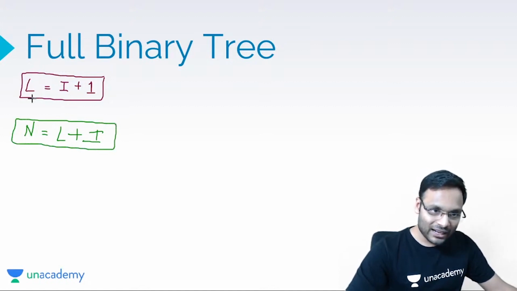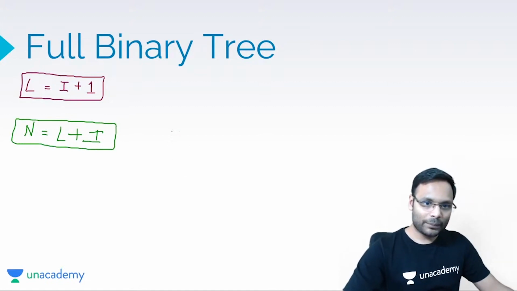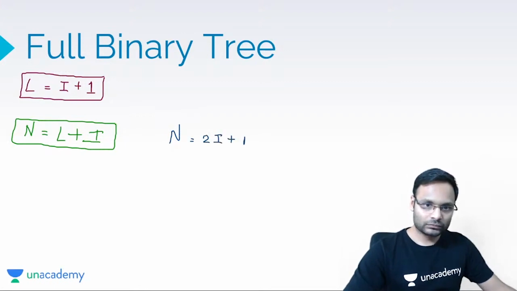We can replace L by I plus 1. So capital N you will get as 2I plus 1. Or if you replace I by L minus 1, you will get 2L minus 1.